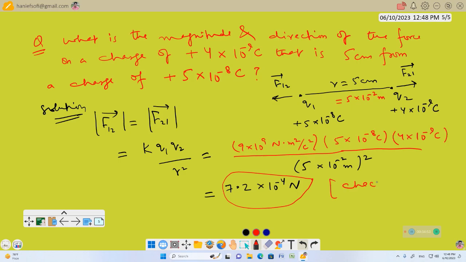You need to check this calculation at home. So the magnitude of the force is 7.2 into 10 raised to minus 4 Newton. So the answer to the question is the force is directed away from the plus 5 into 10 raised to minus 8 coulomb charge, and that force has this much magnitude, 7.2 into 10 raised to minus 4 Newton, because both charges are positive, like charges.